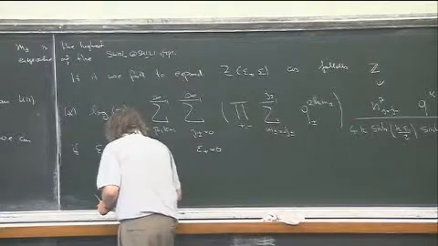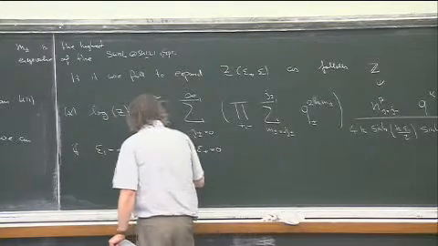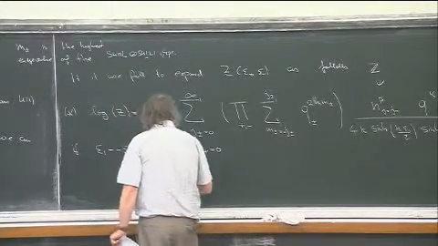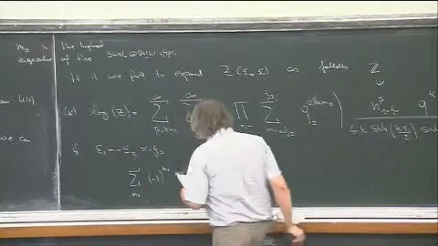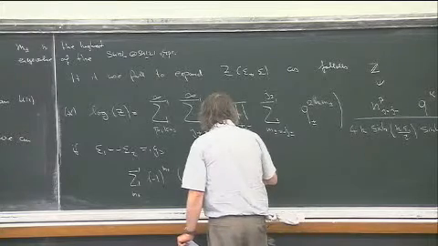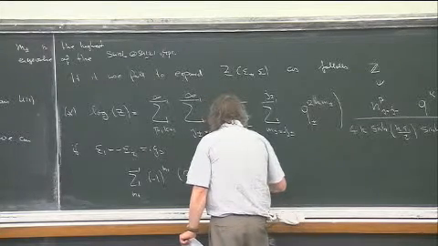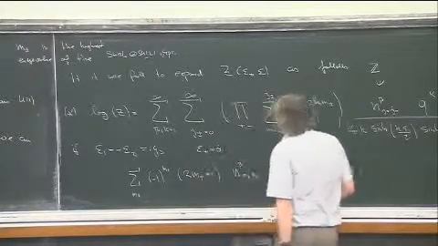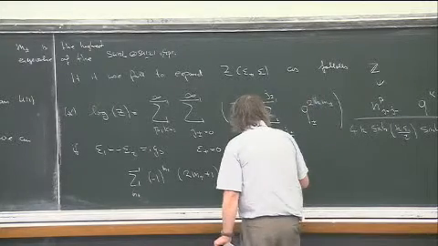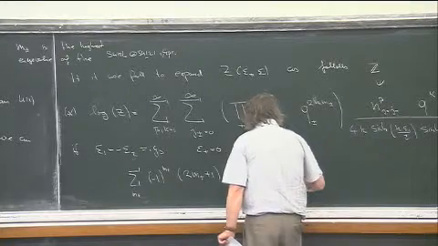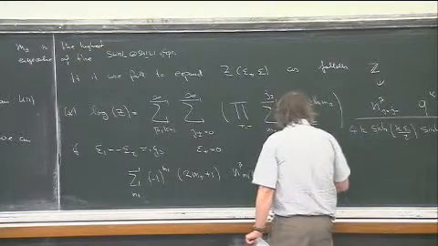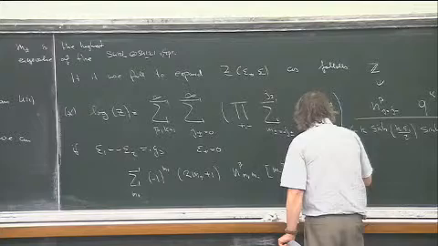Let's call this m plus. So you get a sum over m plus of N m plus m minus, and then you get the representation m minus. And this can be reorganized in this form.